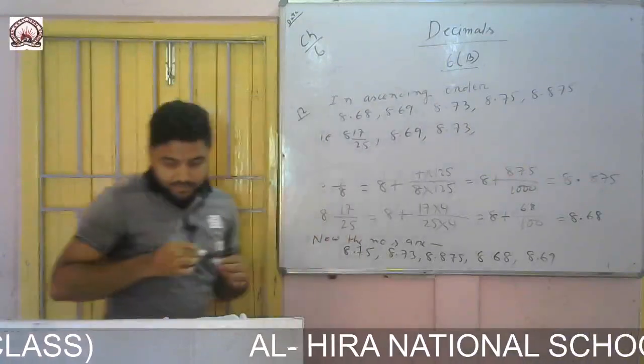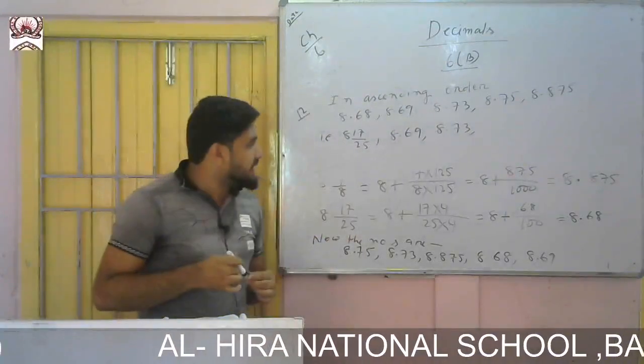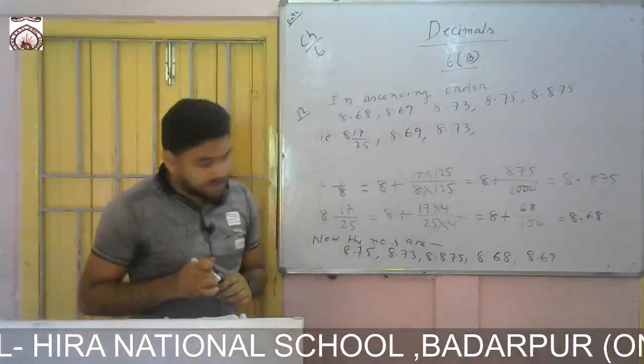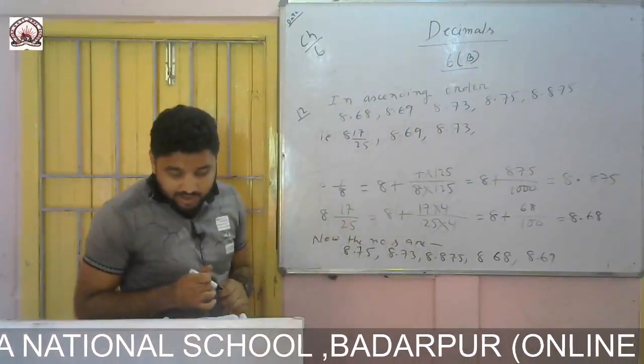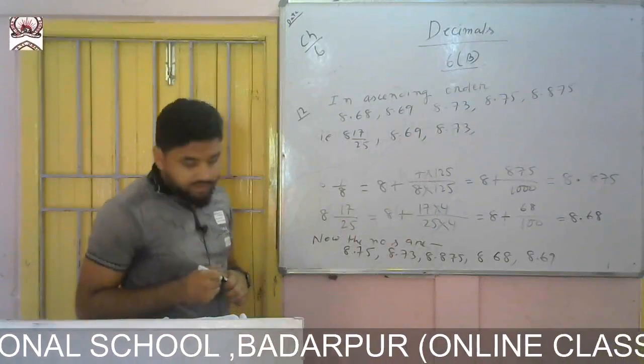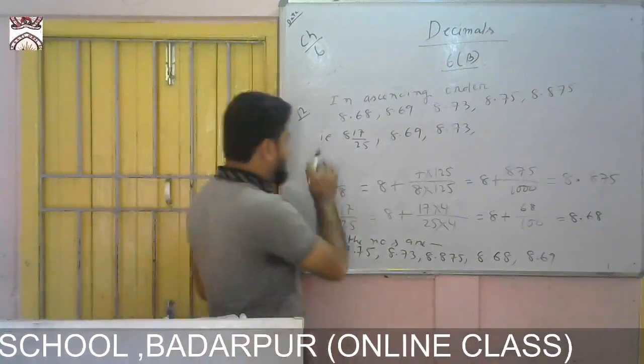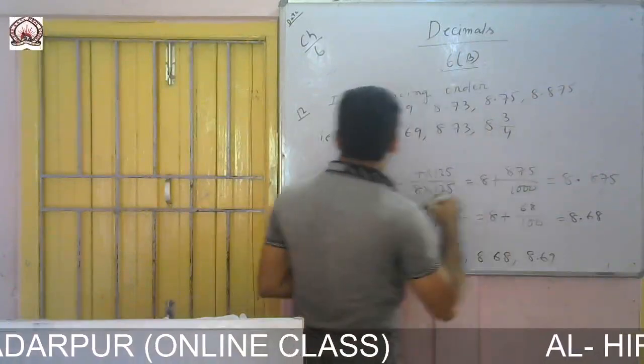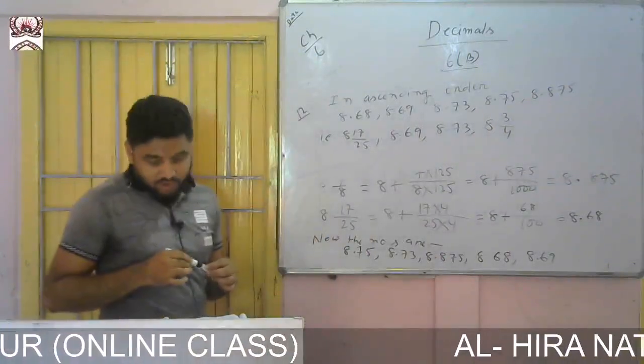Now 8.75 means 8 3 by 4, the first mixed fraction.